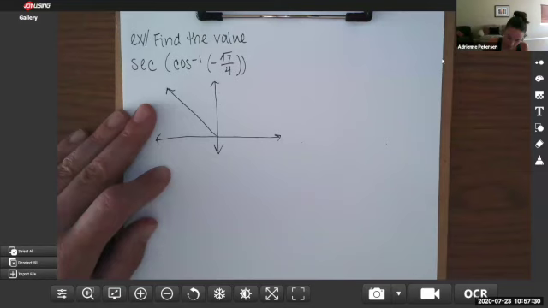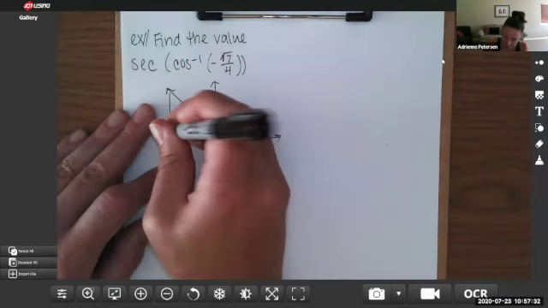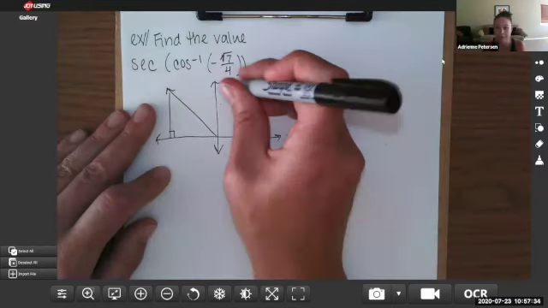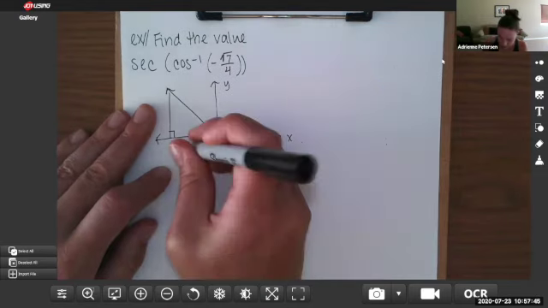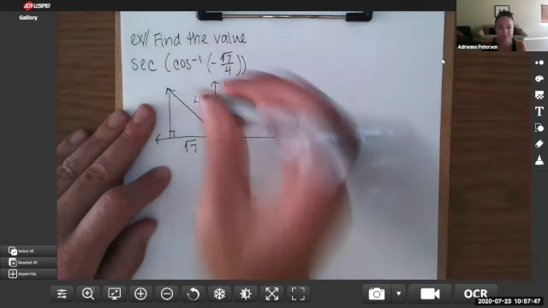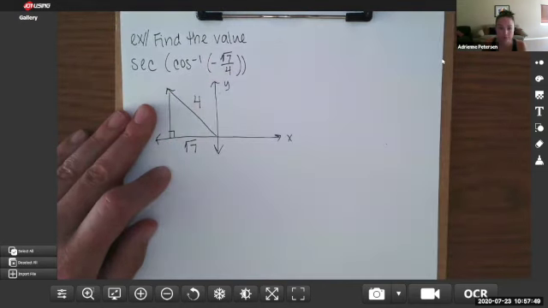We drop a perpendicular to the x-axis, forming a triangle, and then we'll fill in our sides. So this tells us that cosine is √7/4. So again, we think SOHCAHTOA. Cosine is adjacent over hypotenuse. Using the Pythagorean theorem, we could find the third side, but before we do that, let's look at what this problem is asking us.